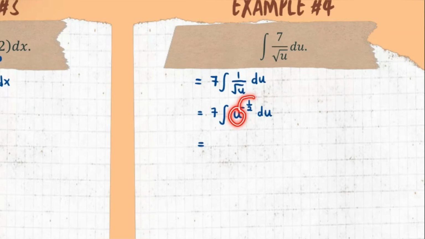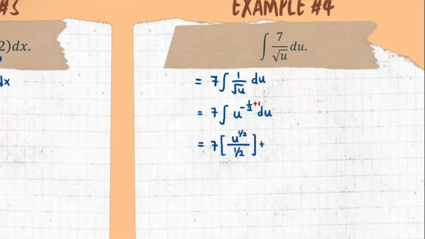Okay, so ini kita boleh terus plus dengan 1. So 7 salin sahaja, buat square brackets. So ini plus 1, negative half plus 1 dapat apa? Half lah kan? So kita akan dapat u to the power of half divided by half tersebut.